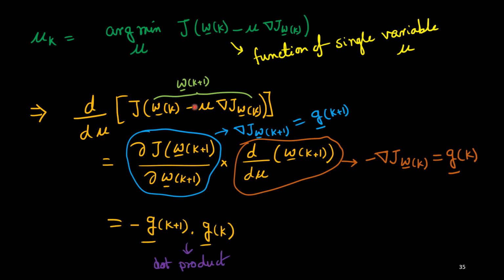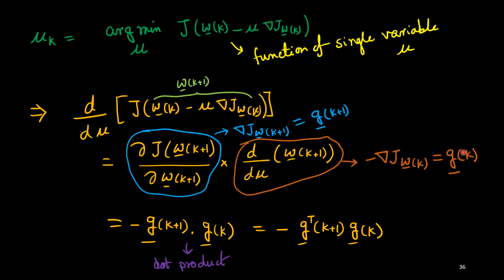So this derivative we can now write as minus g k plus 1 times gk, and this times this is basically a dot product because these are two vectors, and after the operation you will get one scalar quantity. Okay, and this dot product we can write in this form: minus g transpose k plus 1 gk, or we can write g transpose k followed by gk plus 1, anything. So a transpose b or b transpose a is the same thing, right? So this is your derivative of this cost.